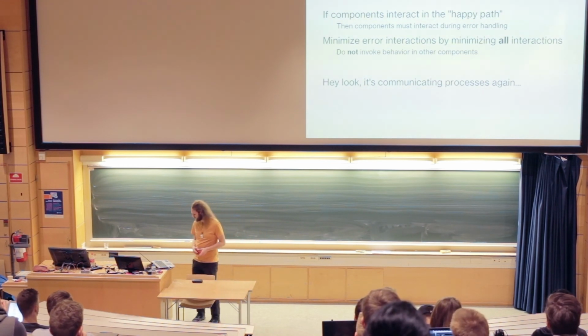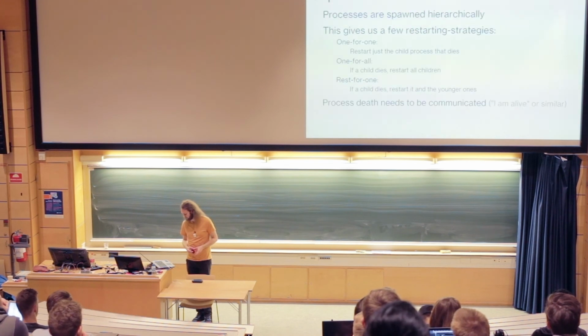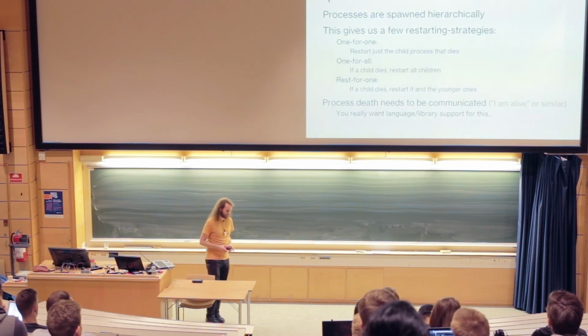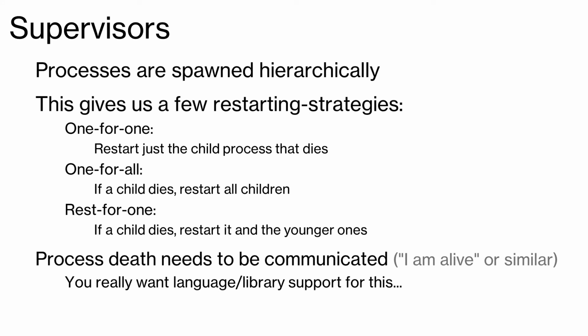And I'm going to go through this so fast that I'm just going to scroll down to the bottom of it. If you're an Erlang programmer, or an Elixir programmer for that matter, you can create these things called supervisor trees. So a process spawns another process, and if that process fails, it can either restart just that process, restart that process and everybody on the same level in the hierarchy, so all of its child processes, or just the child processes that were younger than this child process.